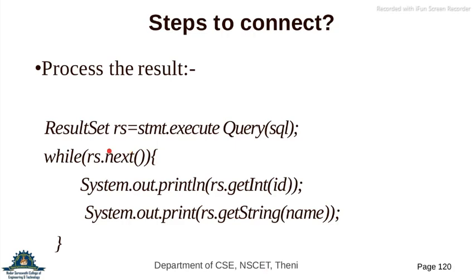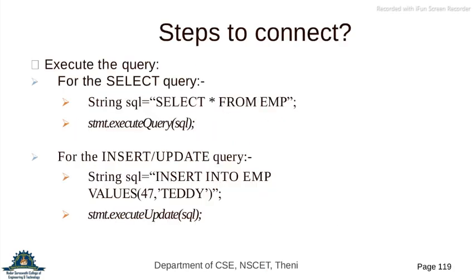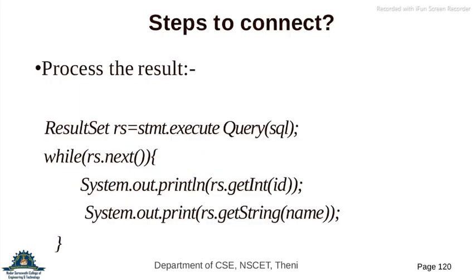So here you can look at ResultSet rs equal to statement.executeQuery(SQL). Sorry, I am saying this thing is going to be boolean for update, but while you are running this particular query, the entire database or entire table is going to be retrieved, so that it will be collected in an object called rs. The next thing is while rs.next. The meaning of this is, if you are having multiple rows, you are able to move from one row to the next row.